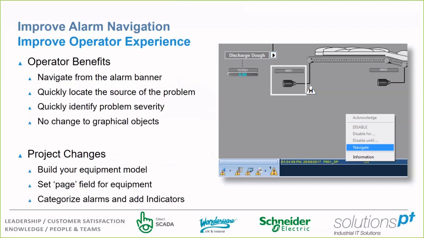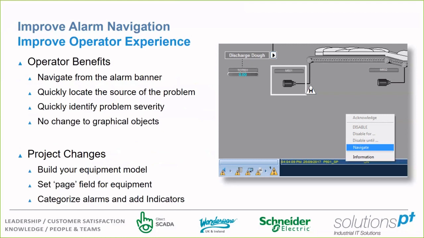So what we have here is a very old-looking mimic, or older-looking mimic. We want to be able to allow the operator to navigate from the alarm banner to the mimic, so as to quickly identify the source of the problem, also identify the severity, and we don't want, obviously, to change any of the graphic objects.